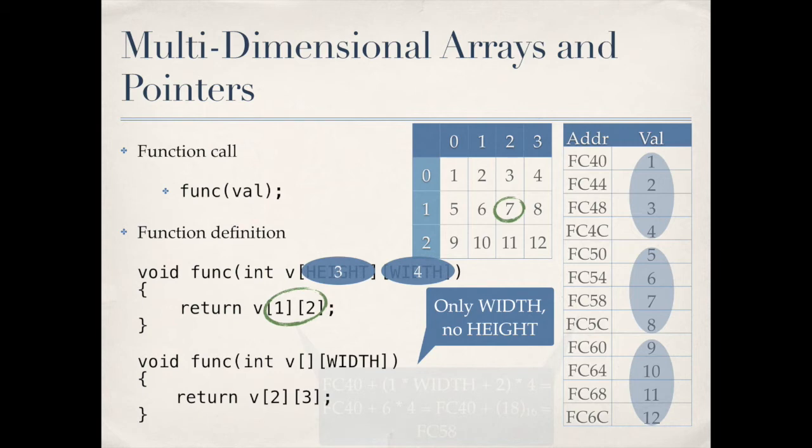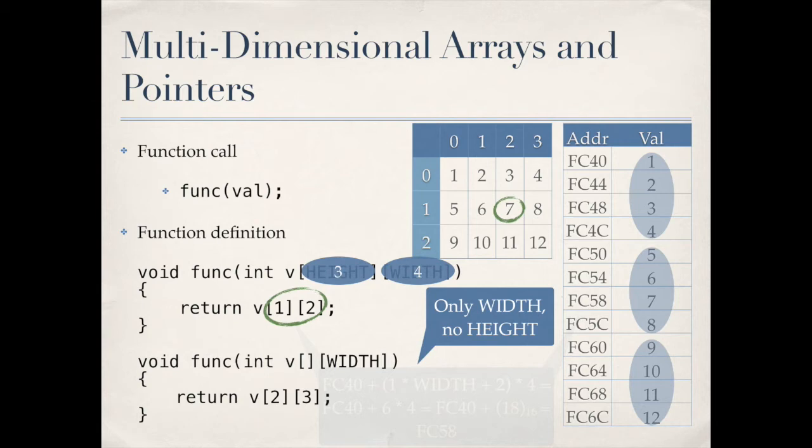Again, it's up to you as an exercise to go through that and try to calculate how V at position 2 and 3 would be calculated, and whether you end up at the correct position in our memory.